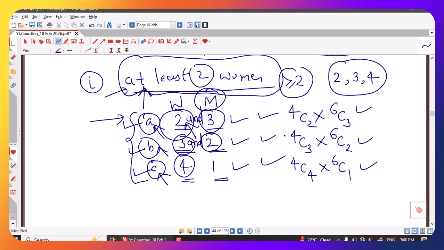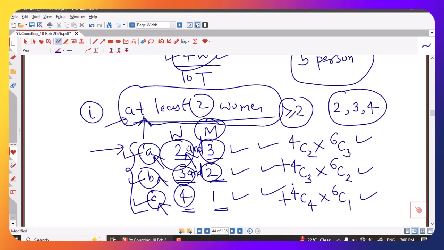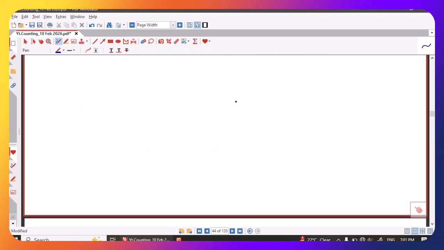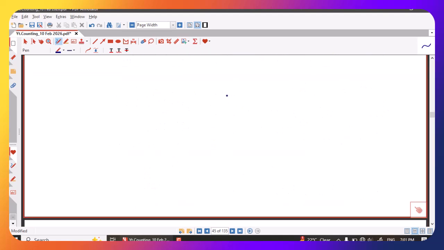Therefore, we have to add these corresponding numbers, and that will be the total number of ways that we can form a committee in which at least 2 women are included. So we have to write all these things systematically.